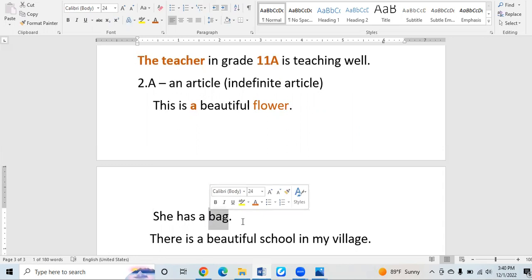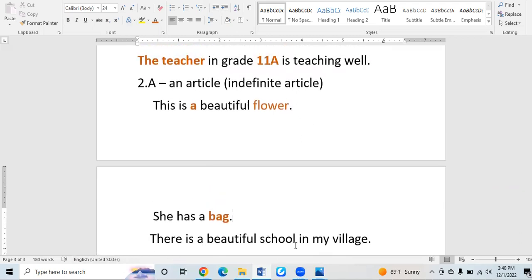There are a lot of bags in the shops. So out of that whole lot, she has one bag with her. That is why we have given here a bag. We want to say one, and at the same time we want to represent that it's one out of many of the same kind. Okay, she has a bag. That is an indefinite article. We haven't specified the bag.